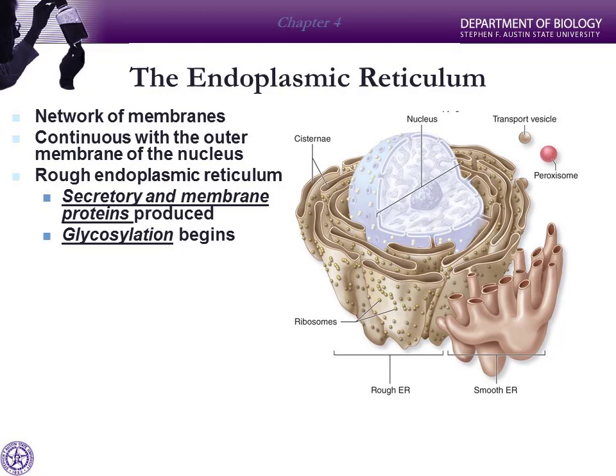And so we will have the rough endoplasmic reticulum versus a portion of the membrane that doesn't have the bumps, which looks smooth, and so we call it the smooth endoplasmic reticulum. So first, we're going to discuss the rough endoplasmic reticulum, or the RER. Lowercase r, capital E, capital R, that's usually how that's written.